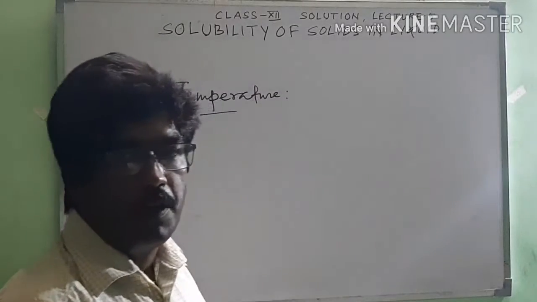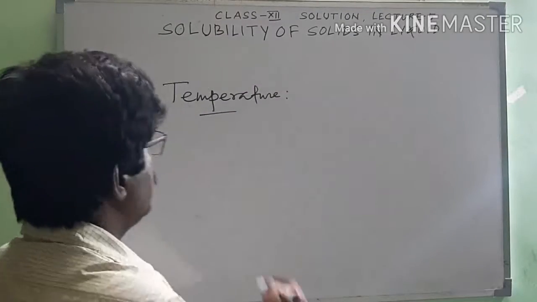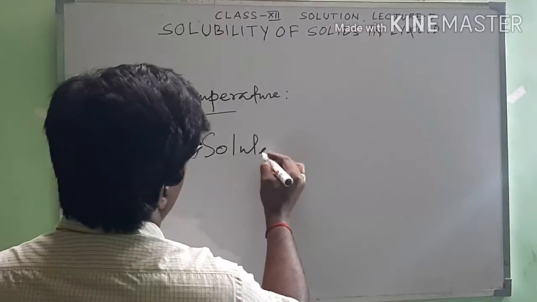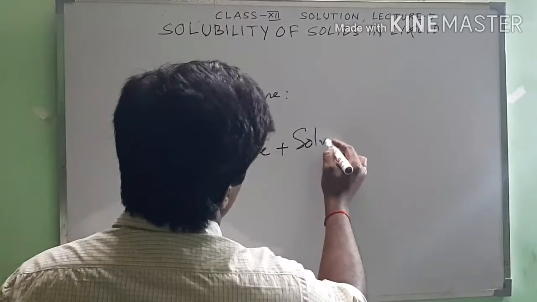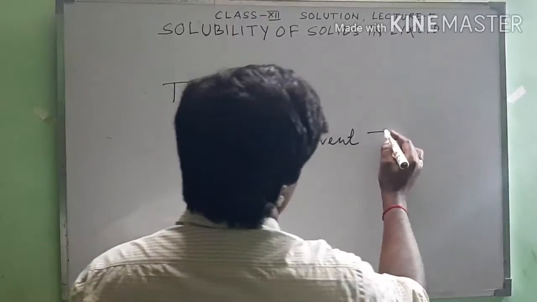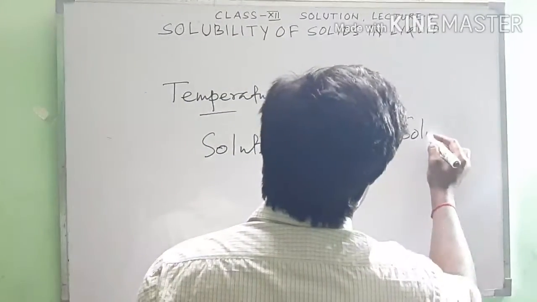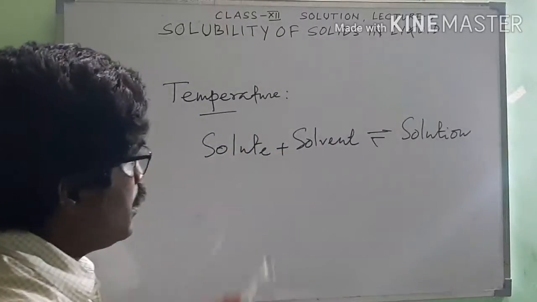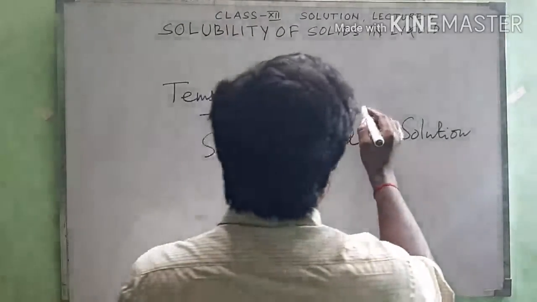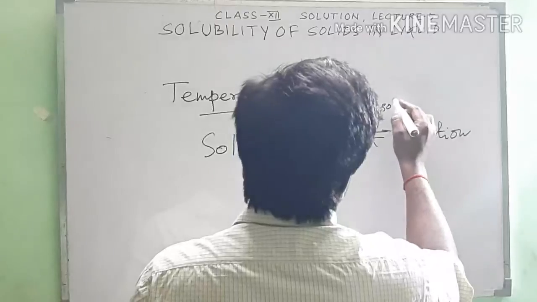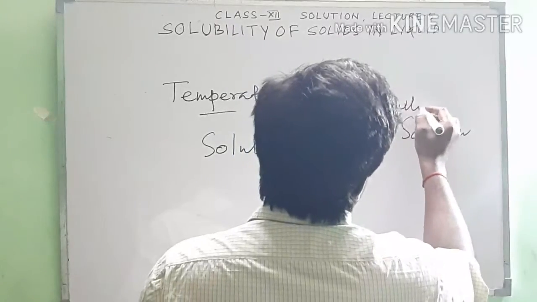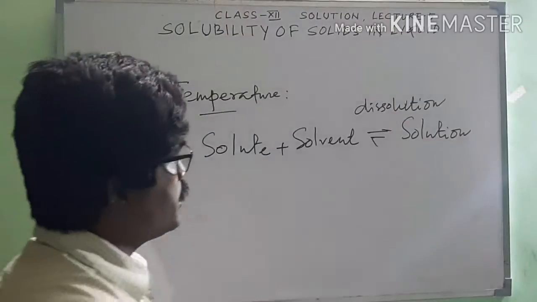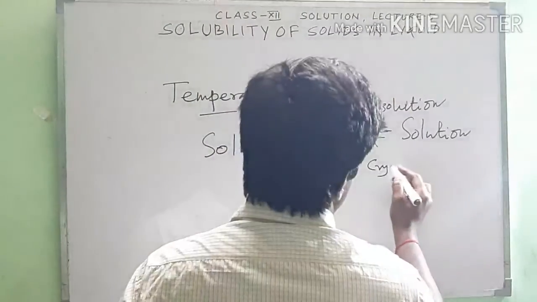When a solid dissolves in liquid, that is solute plus solvent equals solution. The forward process is called dissolution and the backward process is called crystallization.